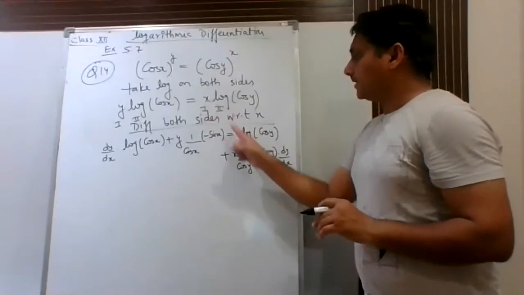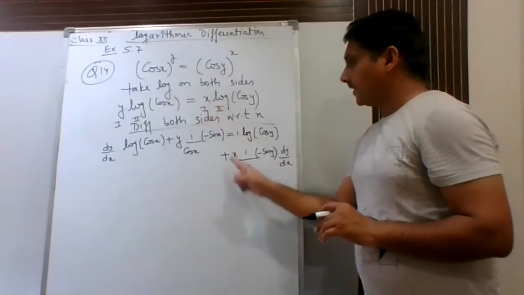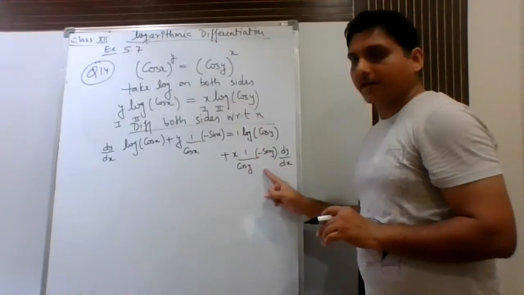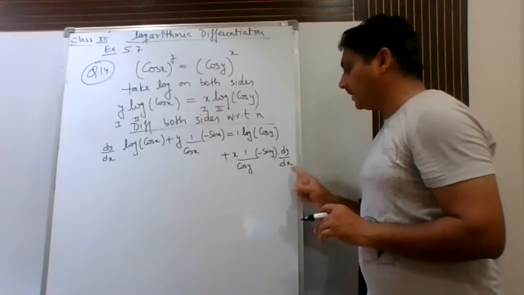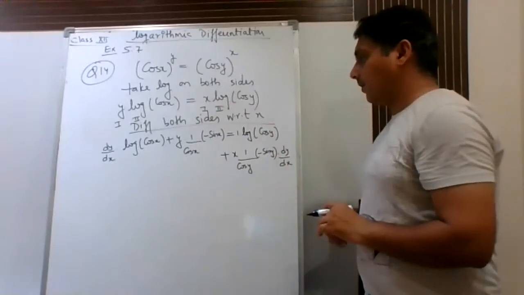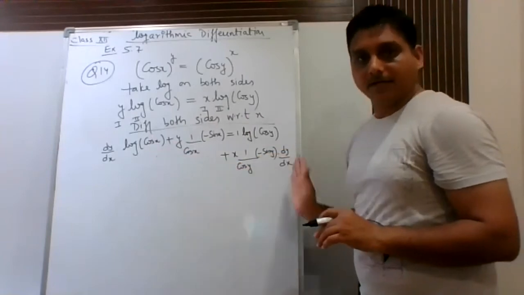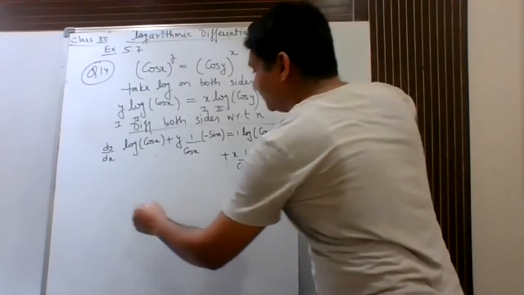So the derivative of x is 1, log cos y as it is, plus x as it is, the derivative of log cos y will be 1 upon cos y, then the derivative of cos y is minus sin y, and then the derivative of y is dy upon dx. Now, after this, you will just take terms of dy upon dx on one side, remaining terms on the other side, and you will get the final answer. Let me write down that.